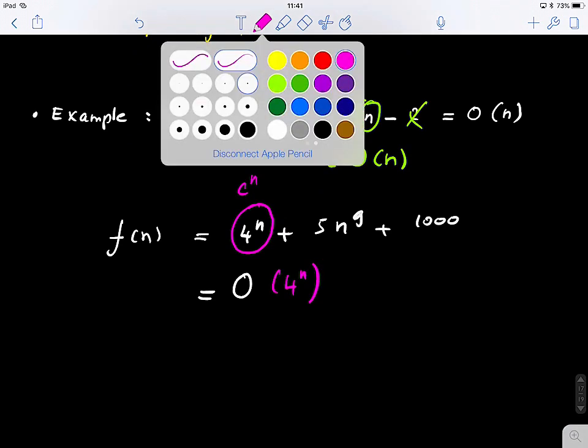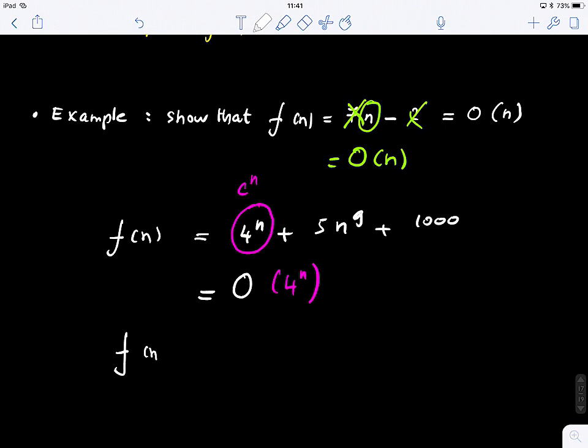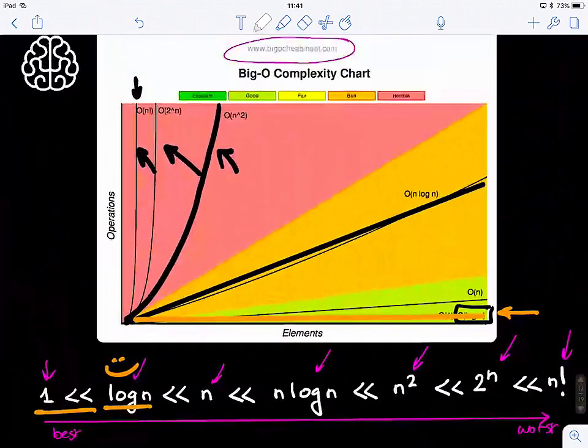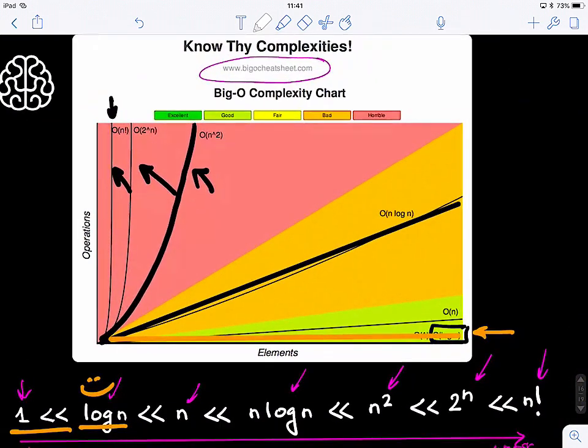Okay? Now, another example. Let's say n plus log n. When we say log here, guys, you need to remember this is log base 2. So if you look at this, which one is worse, n or log n?